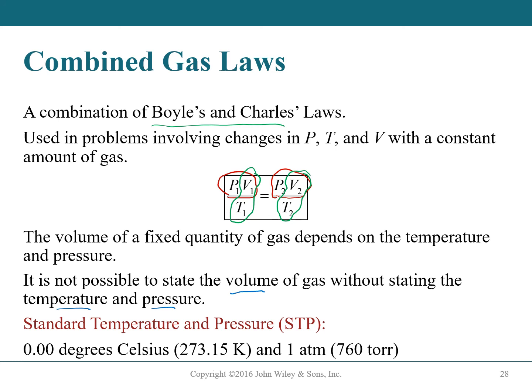STP is standard temperature and pressure: 0 degrees Celsius, 273 K, and 1 atmosphere. That is the definition for STP. Anytime you see this abbreviation, you're thinking 273 Kelvin, 760 torr.